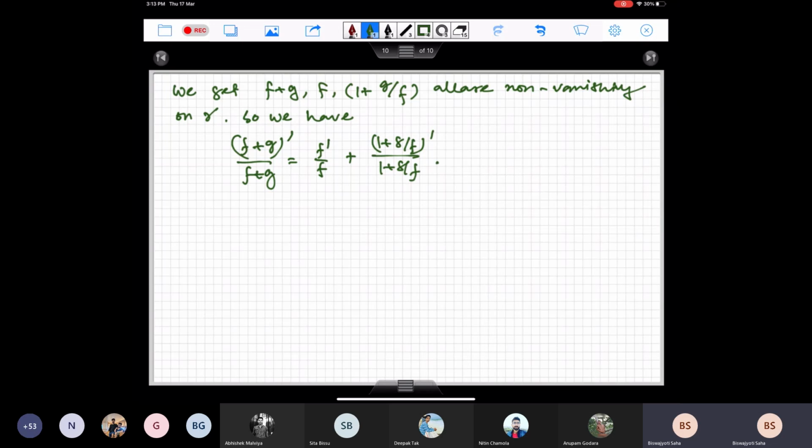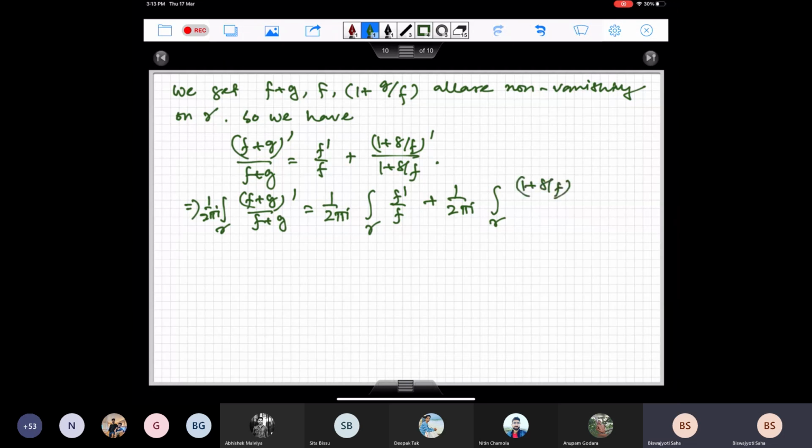Therefore, if I integrate, this implies 1 upon 2 pi i integral over gamma (f plus g) prime divided by f plus g is equal to 1 upon 2 pi i integral over gamma f prime upon f plus 1 upon 2 pi i integral over gamma (1 plus g by f) prime divided by 1 plus g by f.